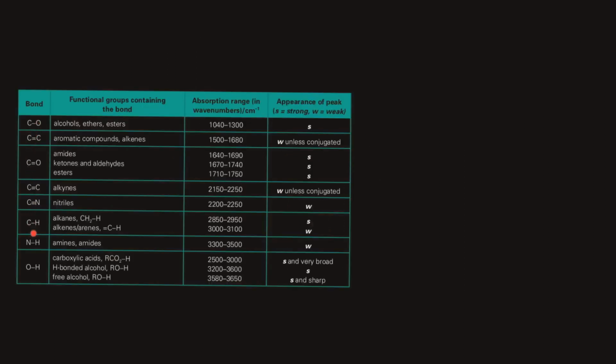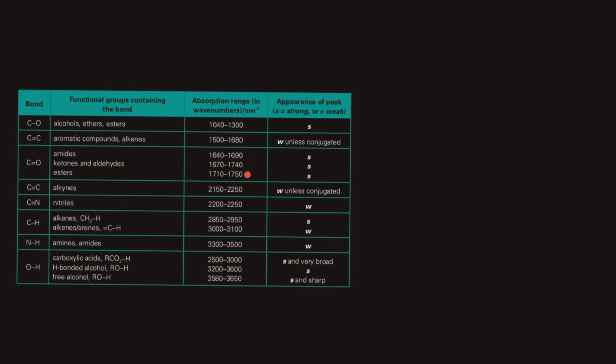Let's try figuring out how that works. Certain bond types and the frequency range in which they absorb are mentioned. The carbon-oxygen bond will absorb between 1040 and 1300. A carbon-oxygen double bond will absorb from 1640 to 1750, this entire range, but it depends on whether the carbon-oxygen bond is right next to or part of an amide linkage, or is a carbonyl compound or an ester, so it'll have different ranges.